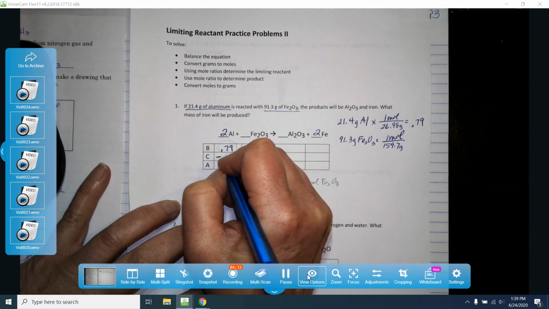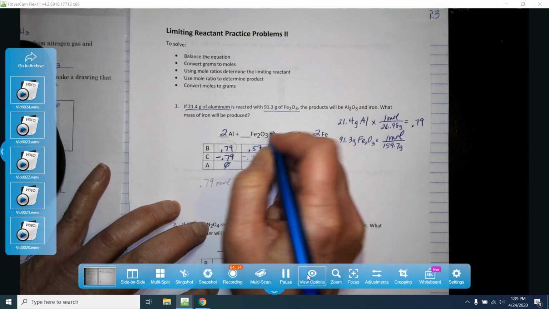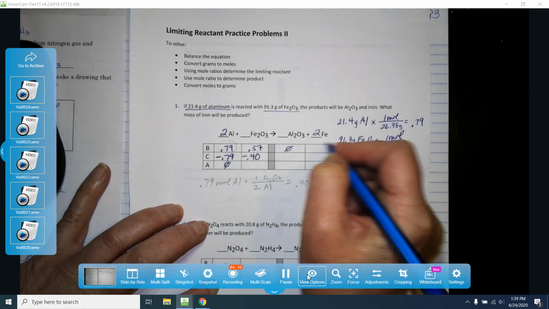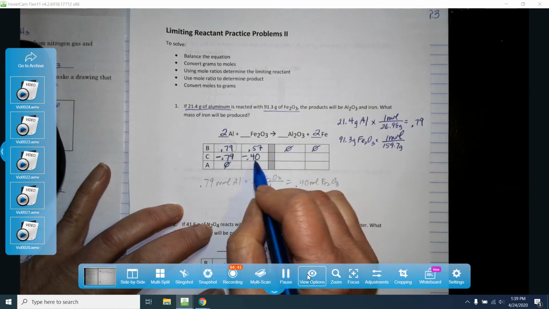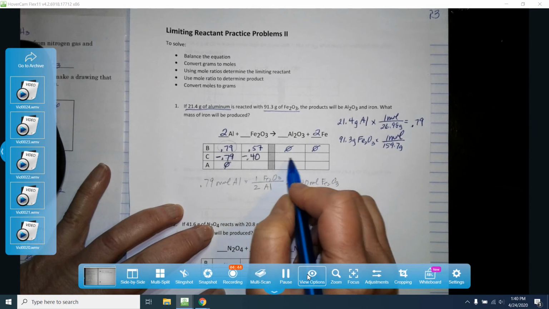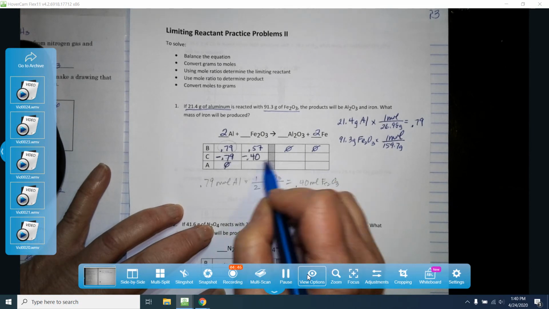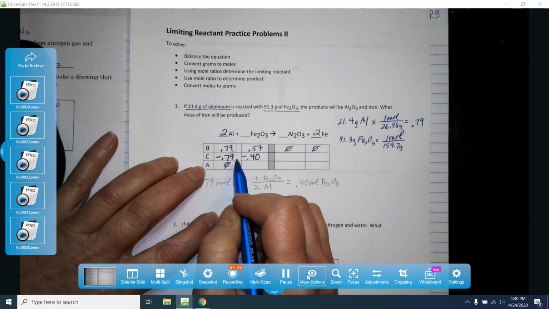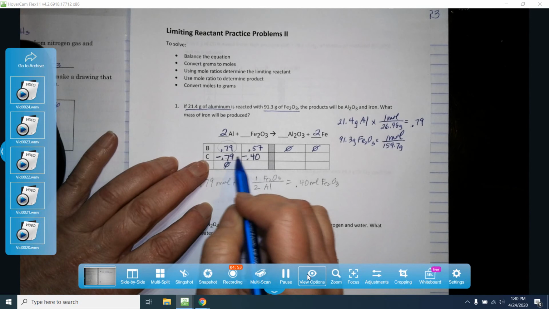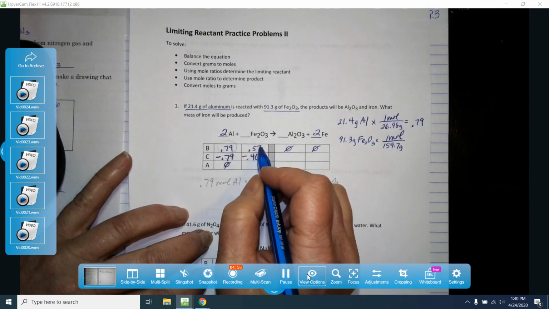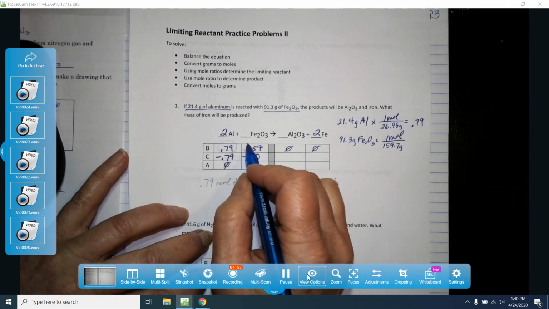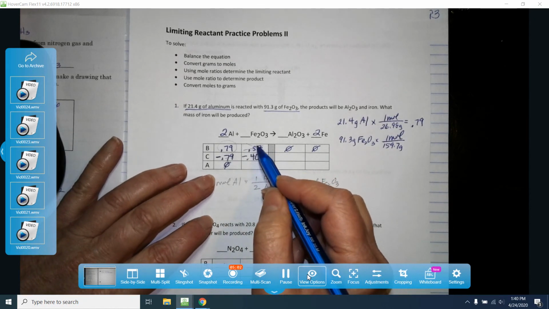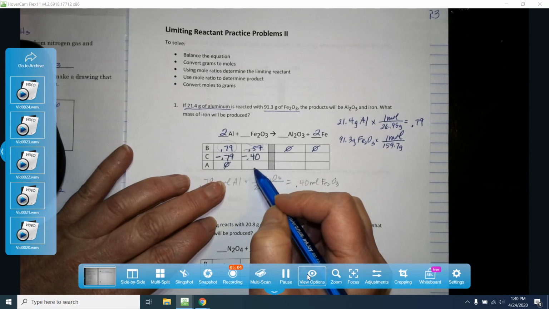All right, I'm going to fill this in with pen. I start out with no product in the beginning, and now I'm going to fill in how much product I made based on my limiting reactant. So these values are correct. I'm ignoring this now; it's not important for determining how much product I'm going to make. It's just showing me that I have enough of this stuff. It's important for figuring out how much leftover reactant we have.